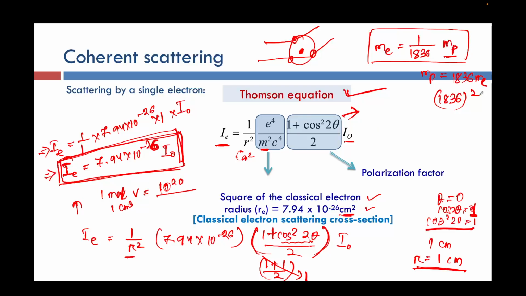In the previous class in Bragg's diffraction, when I said this is an atom, my X-ray is the incident beam and this is my reflected beam, the diffraction or scattering is happening due to the electrons only. Because if I start considering protons and neutrons, then the intensity I will get from proton and neutron would be extremely low, right?